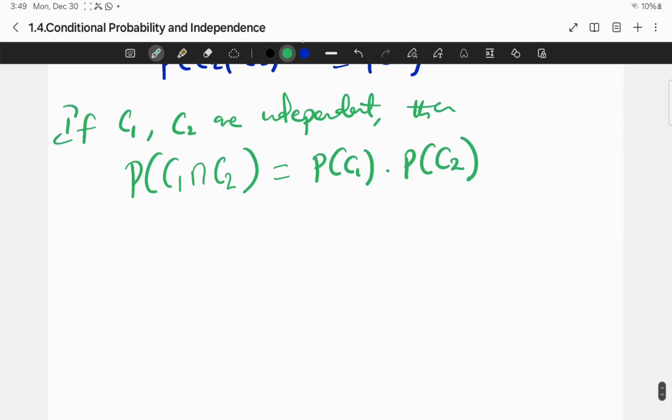Then you can also try to prove this theorem.